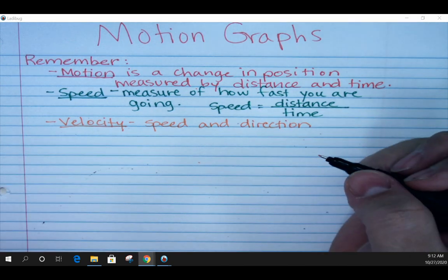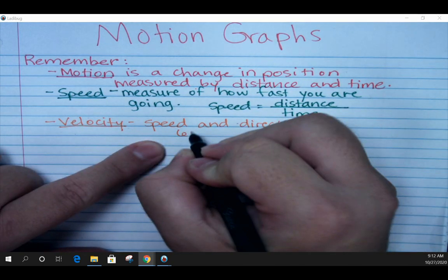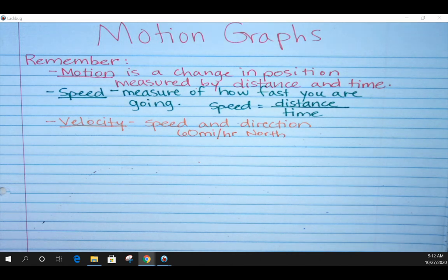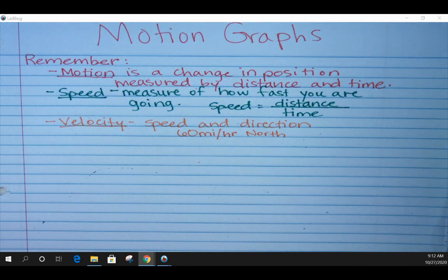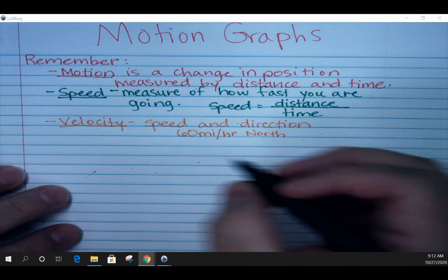For example, if I said I'm going 60 miles per hour north, then that's velocity. Pretty simple, right? To me, it's just as easy to say, tell me your speed and direction. But whatever.